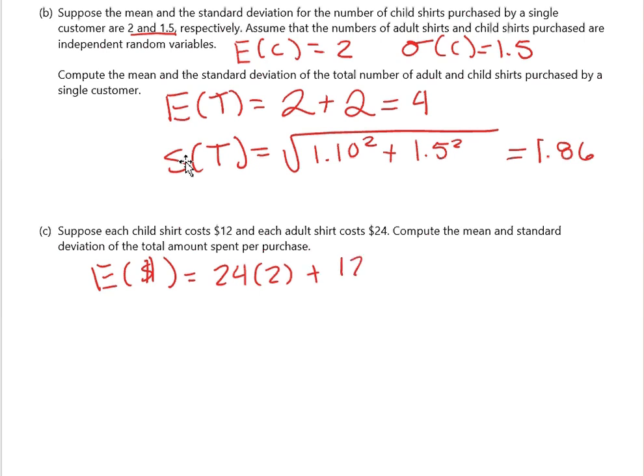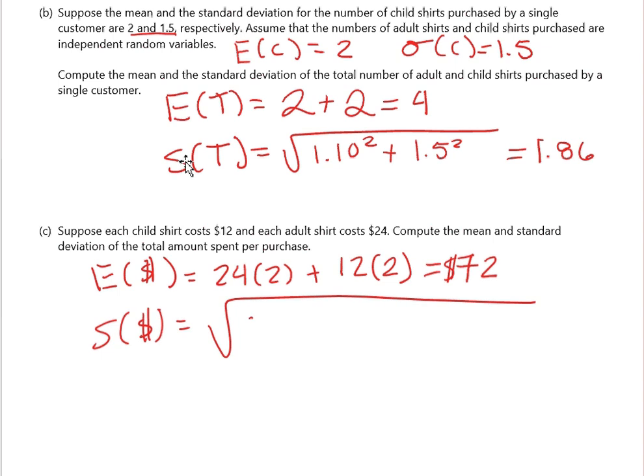And then for my standard deviation of the cost of the shirts, here I'm going to do the square root of 24 times 1.10 squared, and then the same thing, $12 times 1.15 squared, right?